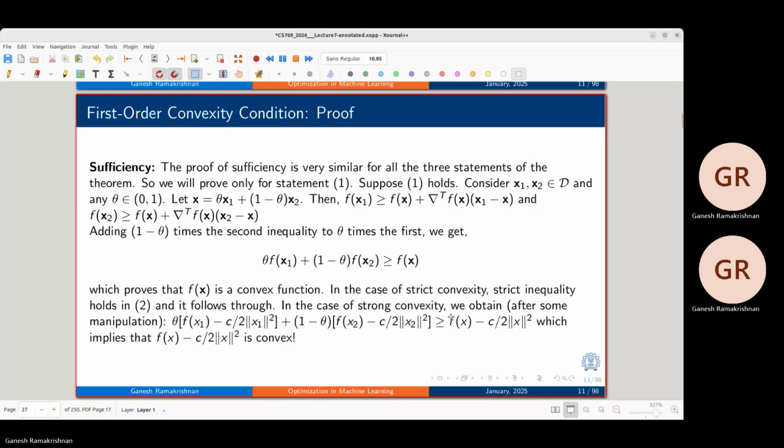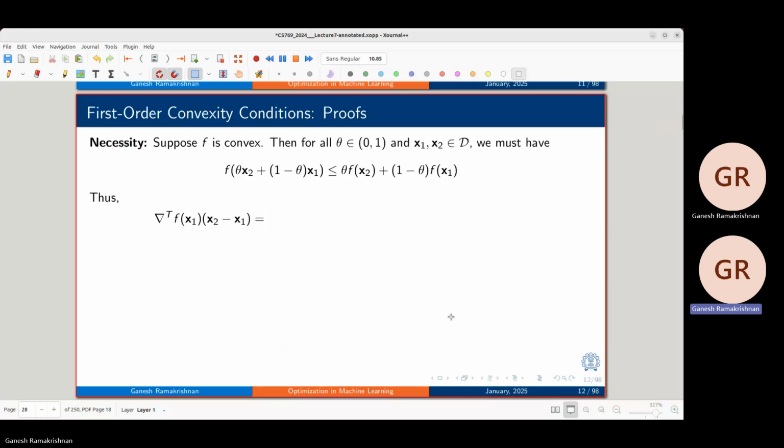Correct. Okay, so with that, let's go to necessity. Necessity is also straightforward for the most part. What is necessity saying? Well, if my second inequality holds, which is the original inequality, and forget the strong convexity part, which will come later, then the first order inequality should hold.